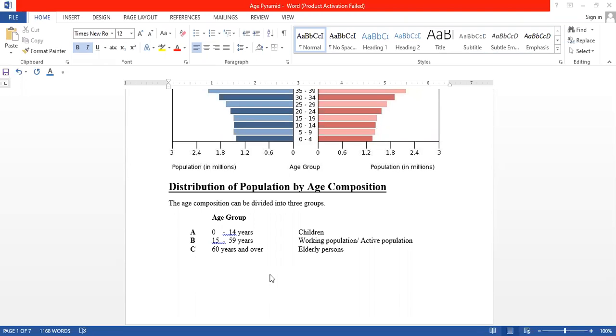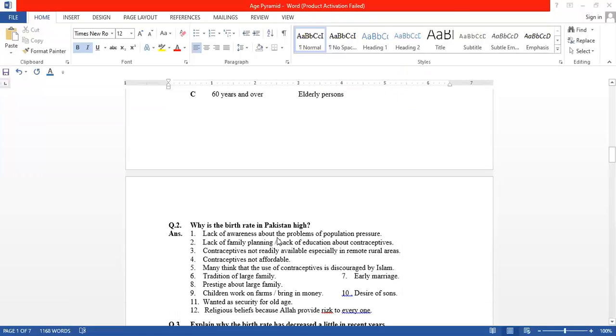Number 1 is 0 to 14 years, called children; 15 to 59 years, called working population or active population; and the third is 60 years and over, called elderly people. So it's a distribution of population by age, or age composition.